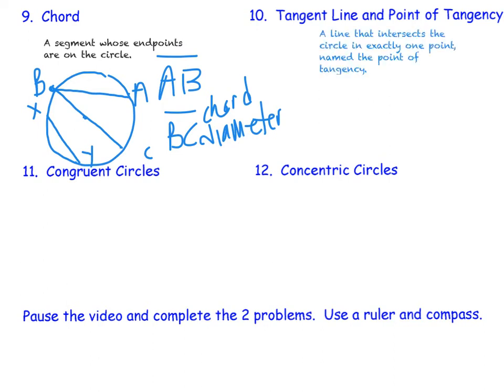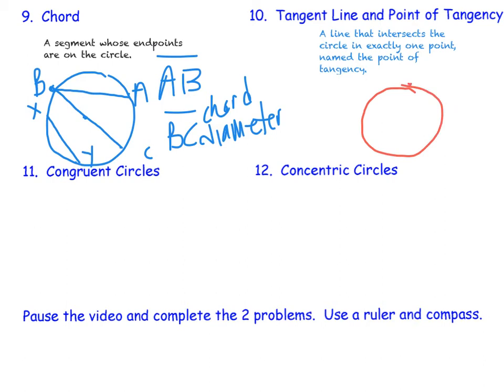All right, so next we have a tangent line and point of tangency. That's a line that intersects the circle in exactly one point. That point is named the point of tangency. What that is going to look like is you're going to have a circle. Ooh, that was not too pretty. You're going to have to imagine that was a circle.